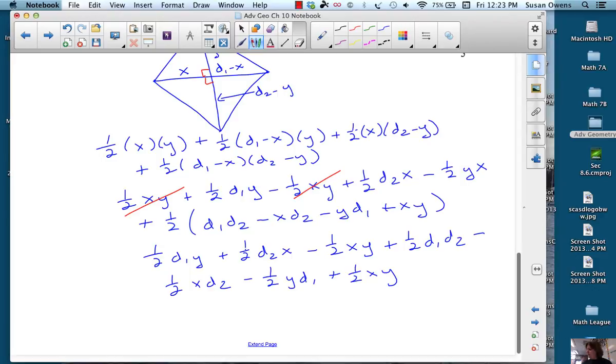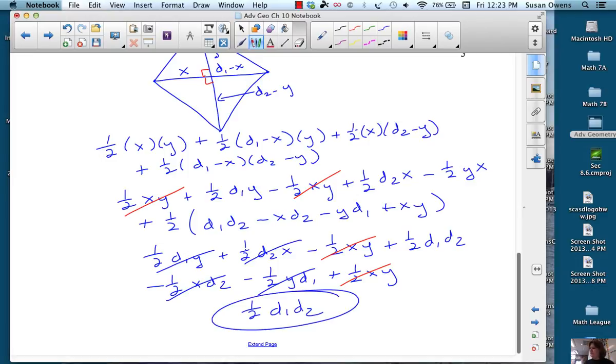Okay. So here 1/2 xy minus 1/2 xy, they're gone. I'm just looking for all the ones that can cancel. I'm going to move the minus sign down here. And so these cross out. I also have the y that needs to cross out. There it is. And so the only thing that's left is 1/2 d1 d2.